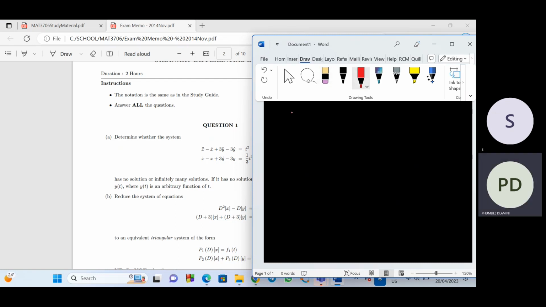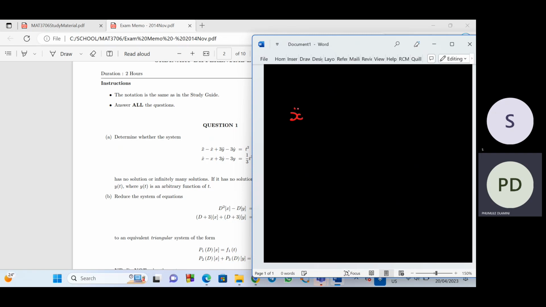So I'm going to write it down: x double dot minus x dot plus 3y double dot minus 3y dot, which equals t.